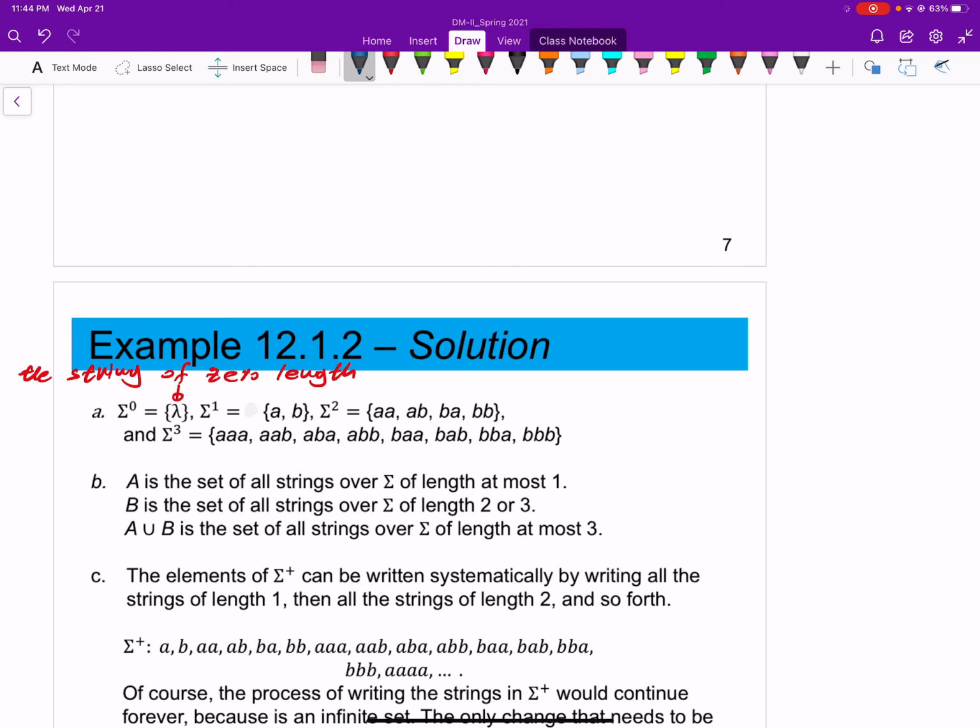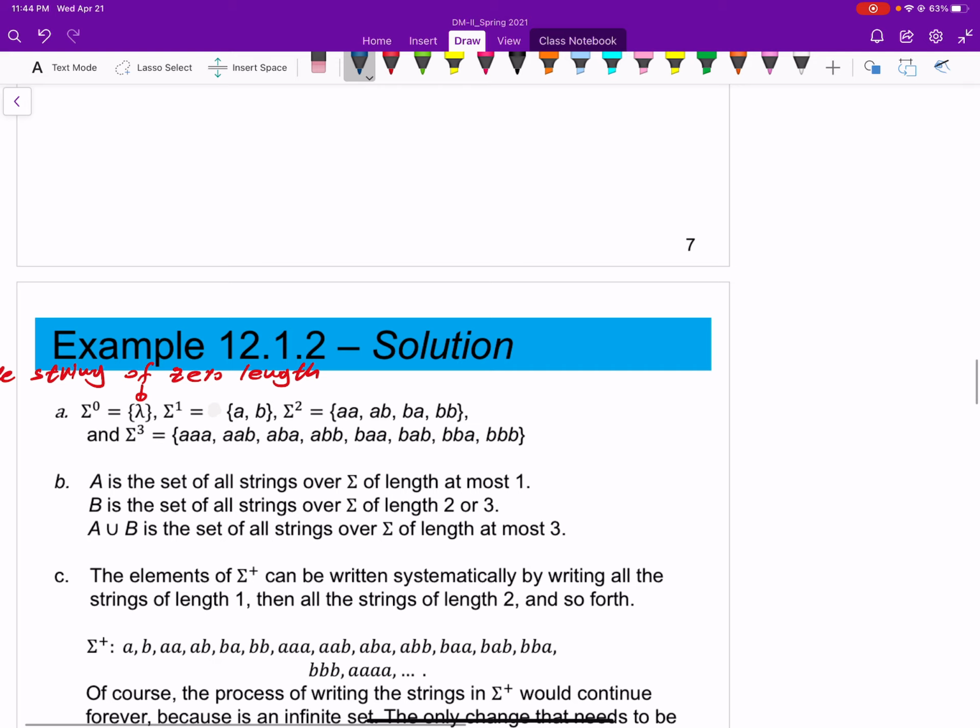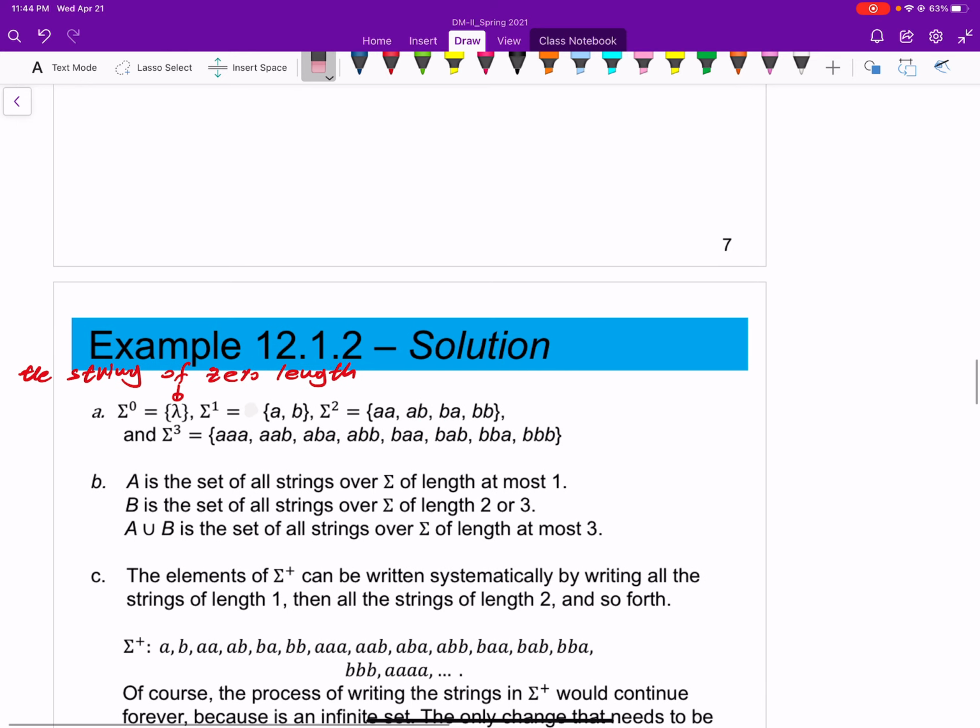So there are two strings that you could think, A and B. And then sigma to the power 2, which includes strings of length 2. Those can be AA, AB, BA, BB. So these are easy things, so I don't spend much time. And then strings of length 3.